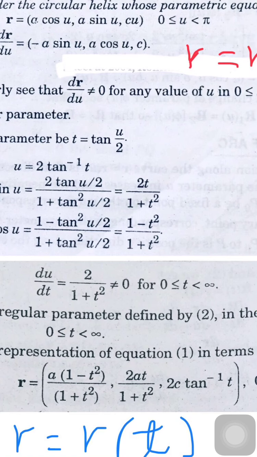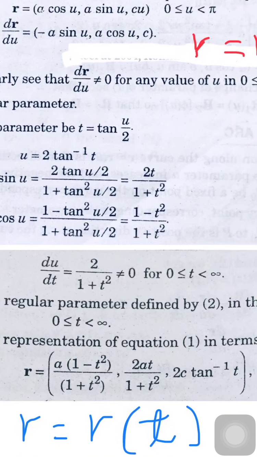comma, second one is a sin u, a is the same and sin u is substituted by 2t upon 1 plus t square, and similarly the last is cu, so c is again the same and u is equal to 2 tan inverse t.